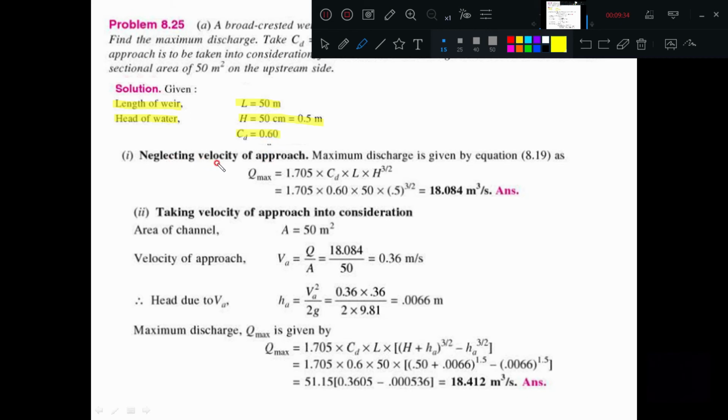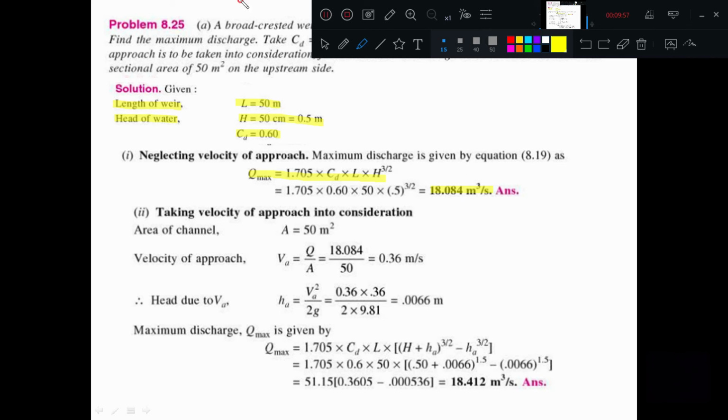Then neglect the velocity of approach. If you neglect the velocity of approach, the equation will be simply this one. Just look at this equation. Maximum discharge is given by 1.705 CD into L into H raised to 3/2. This is the equation we have derived previously. Substitute all the values given, then finally the discharge we get as this one.